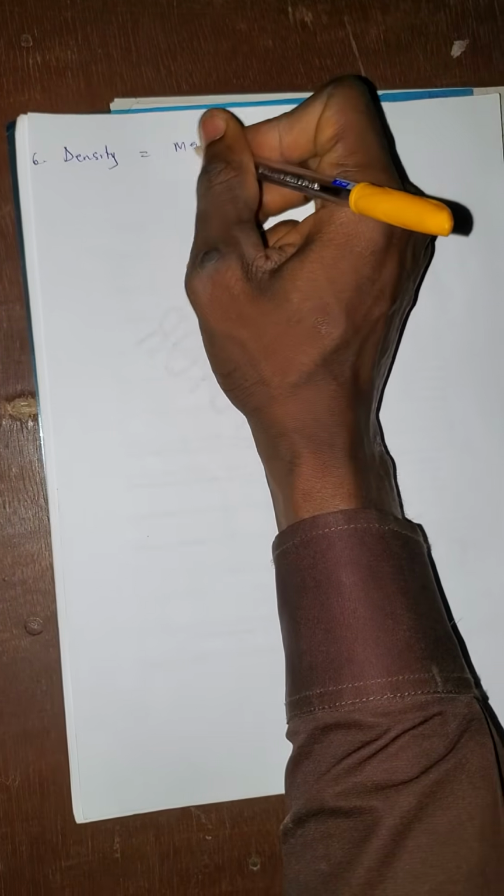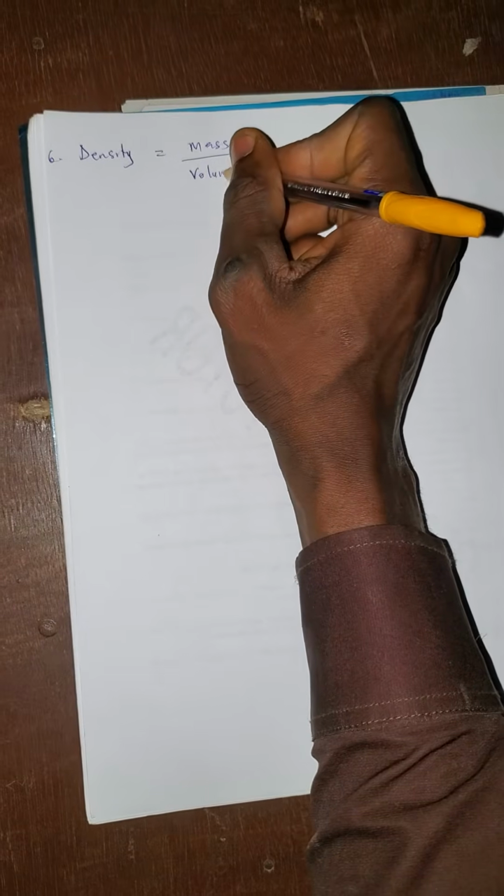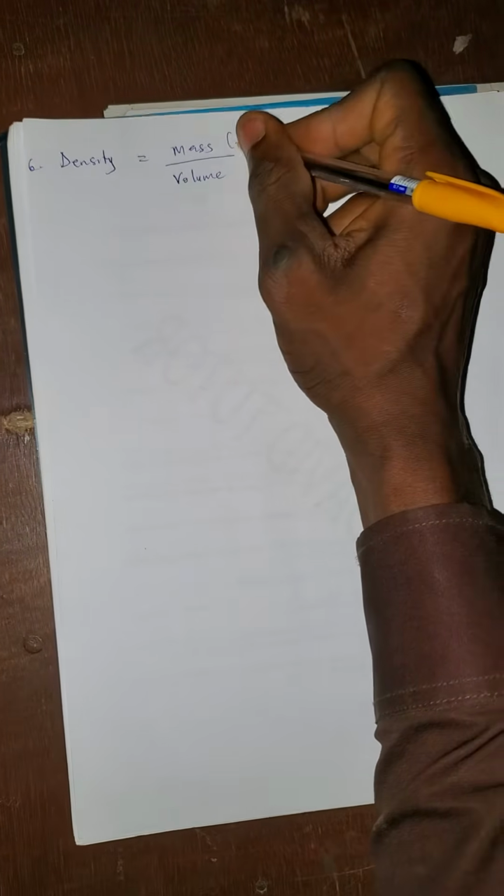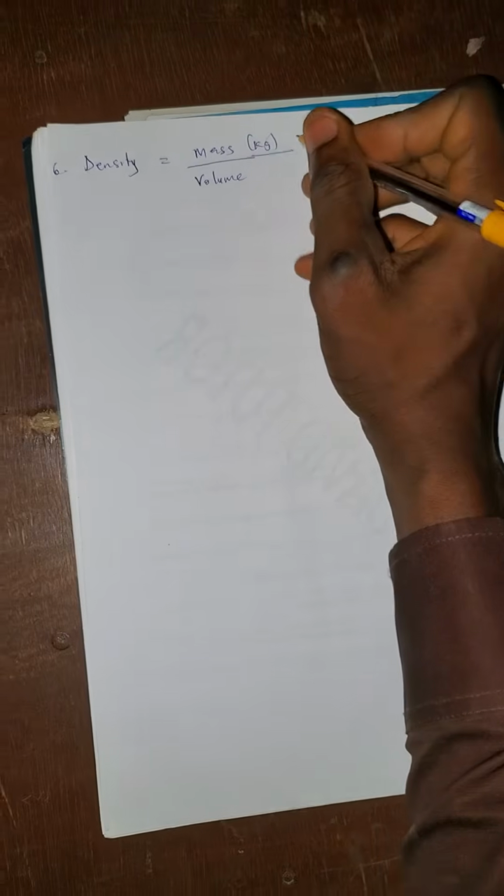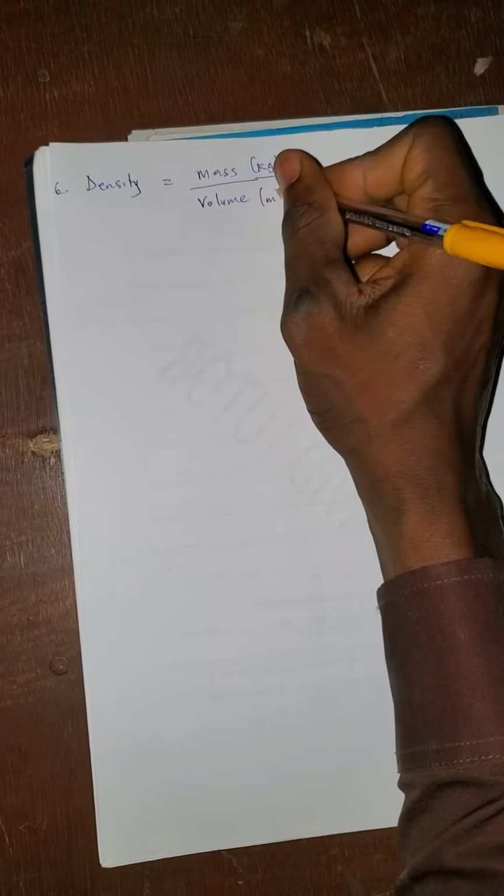Number 6, if you're asked to find the dimension for density, density will be mass over volume. Now, we all know that mass is measured in kg and volume is meter cube.